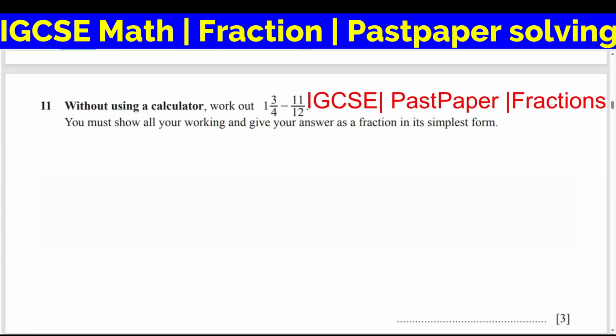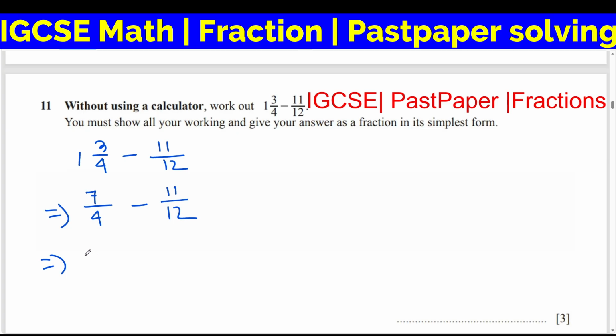Next question. Without using a calculator, work out 1 3/4 minus 11/12. This is a mixed fraction, so we can write this as 4 times 1 is 4 plus 3, 7/4 minus 11/12. So we can make this a common denominator.